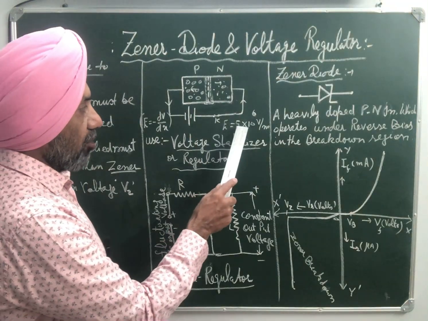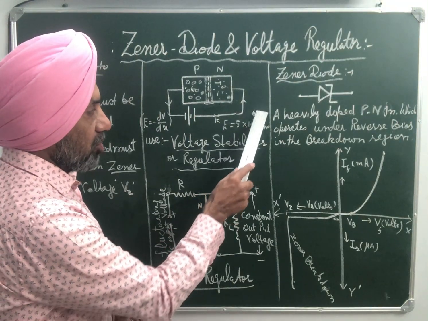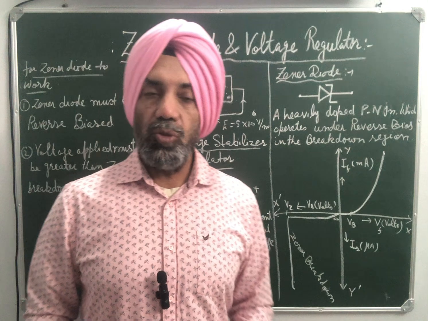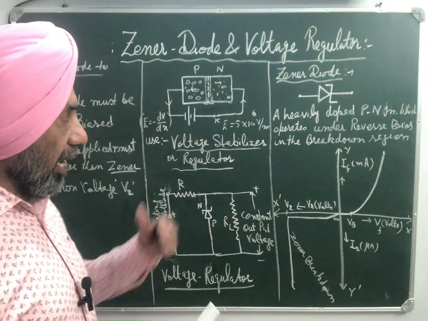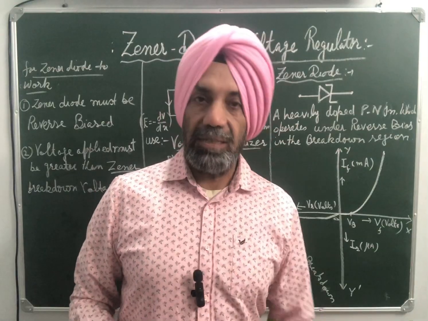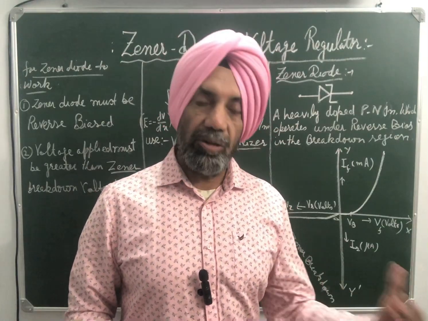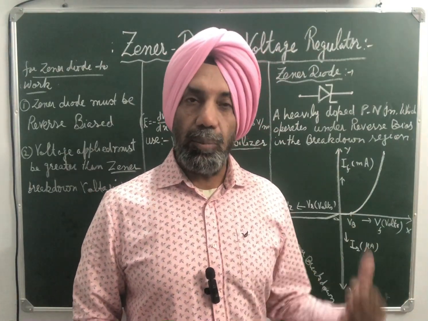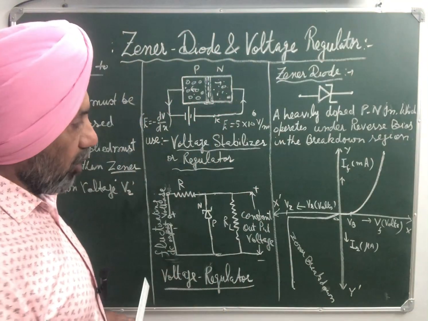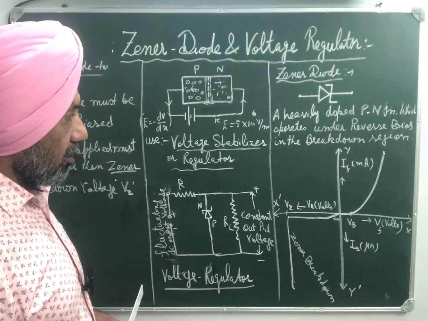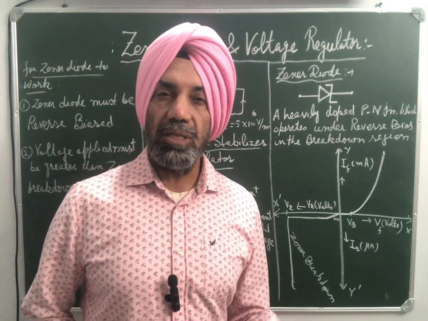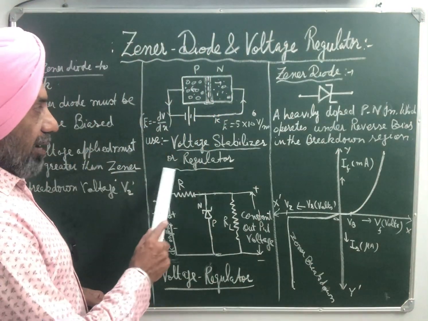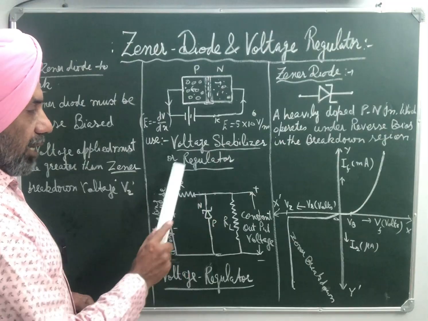The electric field is of the order of 5 into 10 raised to 6 volt per meter. So a very high electric field is set up, and due to this, temperature rises and all the covalent bonds are broken at a particular voltage. This is how current rises abruptly in the case of Zener diode. So this Zener diode can be used as a voltage stabilizer or regulator.